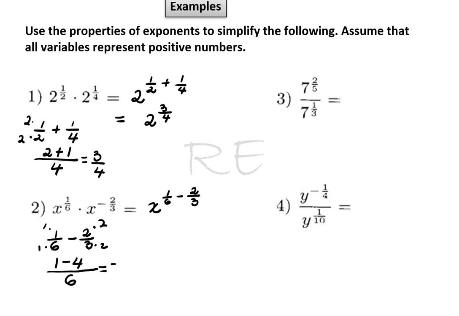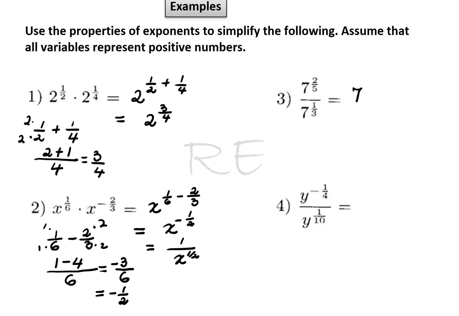So 1 minus 4 is -3. And -3 over 6 when reduced is -1/2. So our solution is x to the -1/2, which is 1 over x to the 1/2.